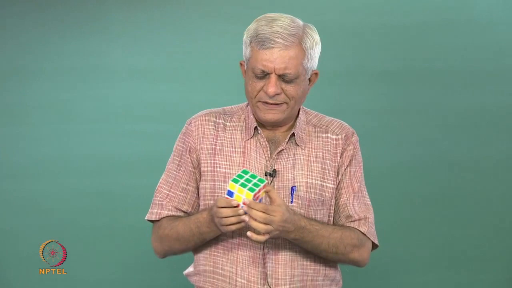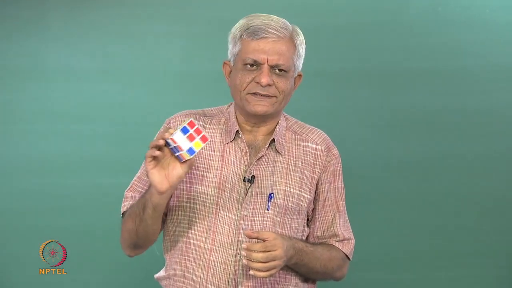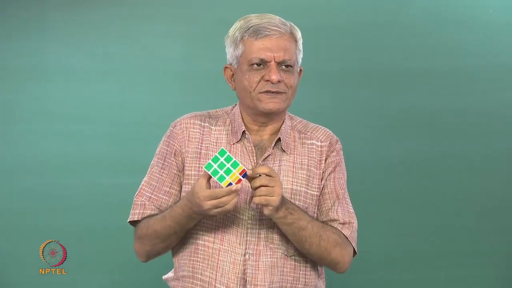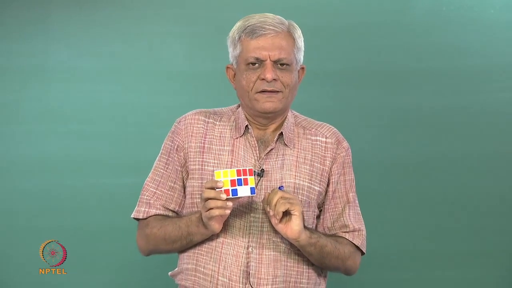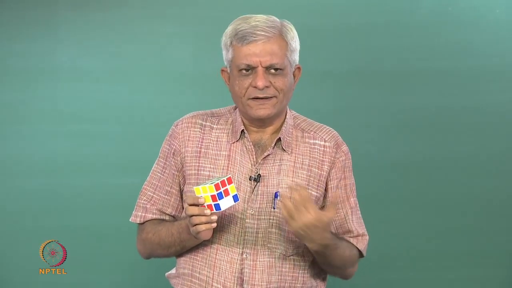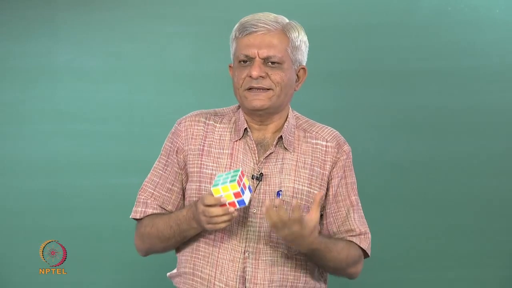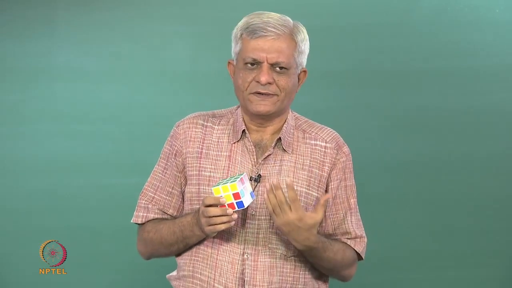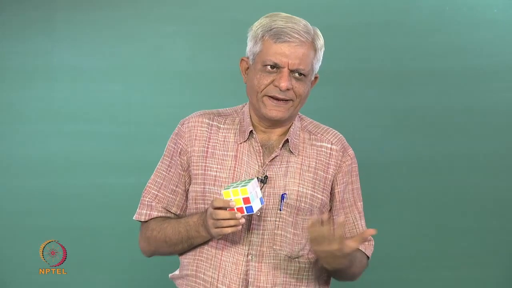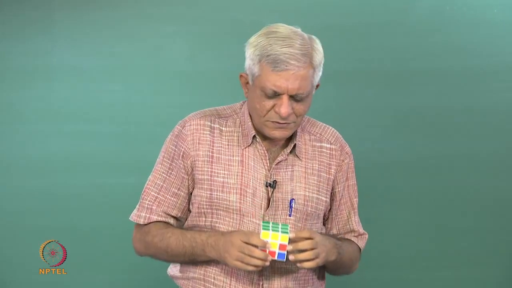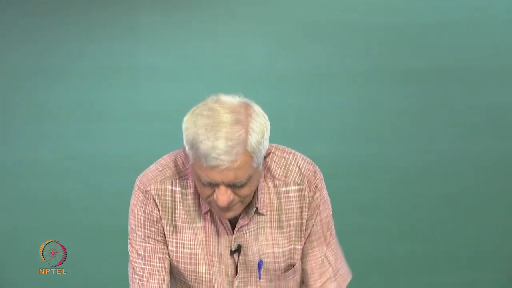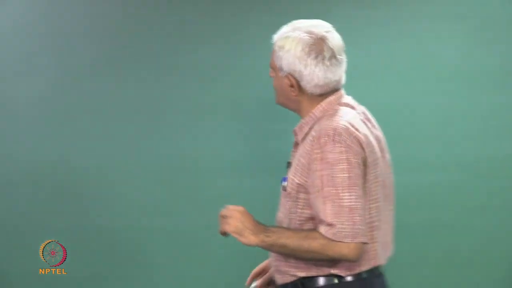I am given the cube, this particular configuration of this Rubik's cube is a state, the desired configuration of the cube is another state, and in between there are thousands of other states essentially, and I need to find a mechanism.